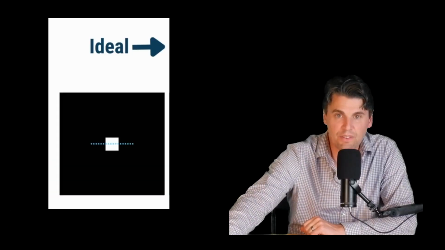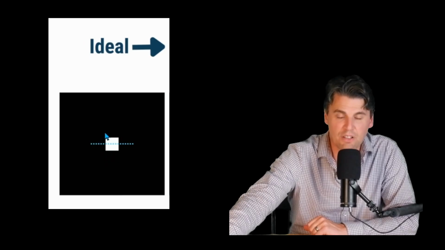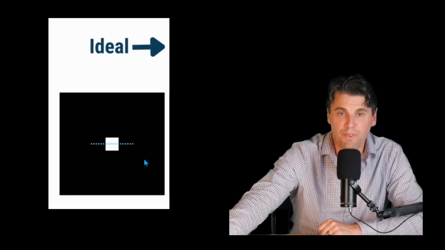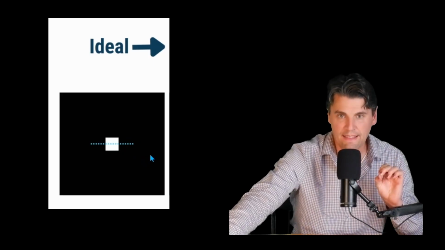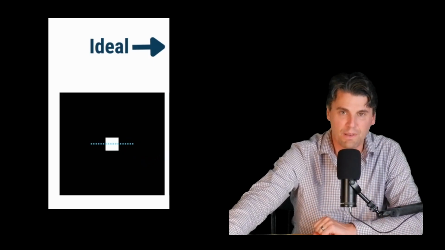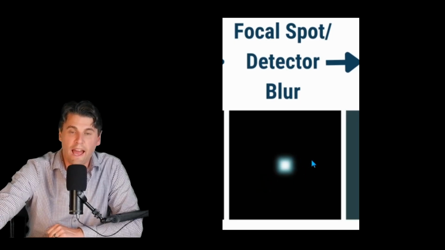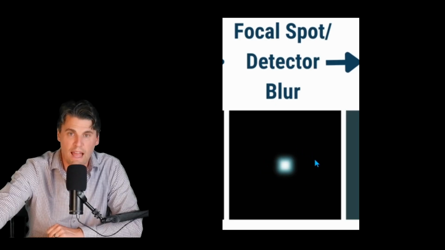The ideal signal that we're going to get is just a little square here for our image. In reality, there are several physical effects which degrade that signal. It's not as nice as we'd like. First off, your focal spot blurring and the finite size of your detector both contribute to a smoother edge appearance, or blurring around the edge.